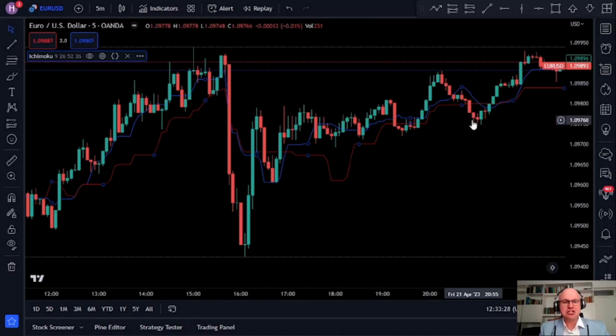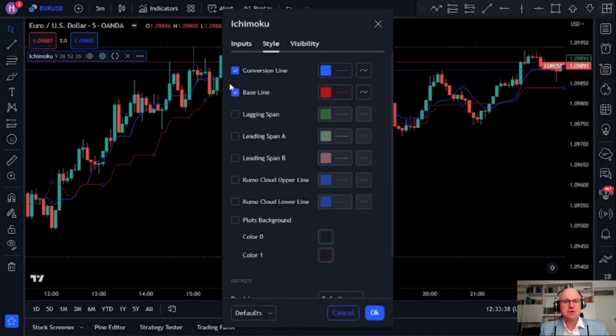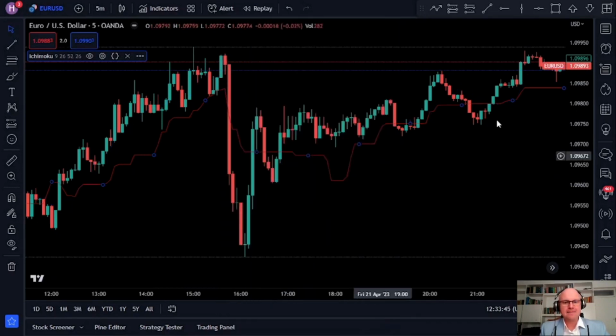Now, the first strategy is when the Tenkan-sen and the Kijun-sen cross each other. So if the Tenkan-sen, or the fast line, crosses the slow line, or the conversion line crosses the baseline, we have a sell, and the opposite is true for a buy.